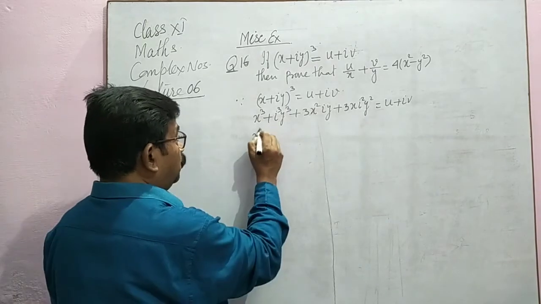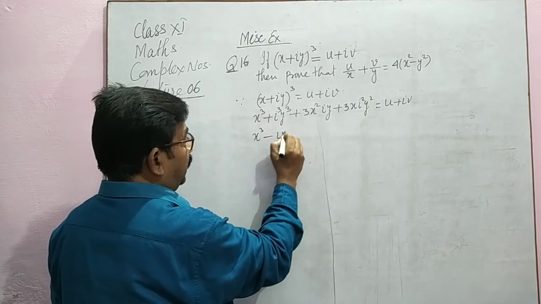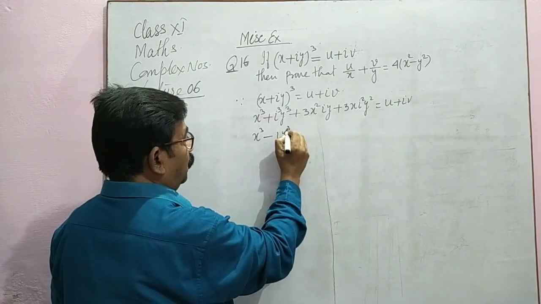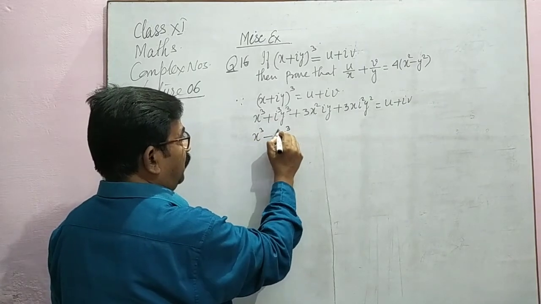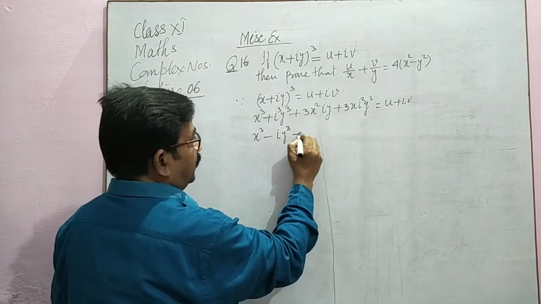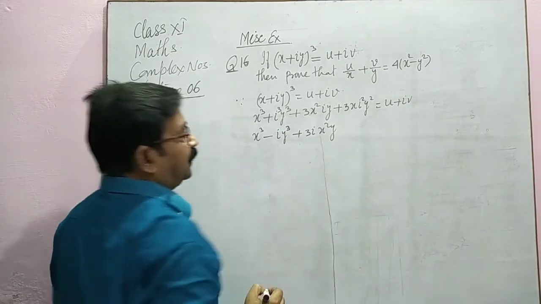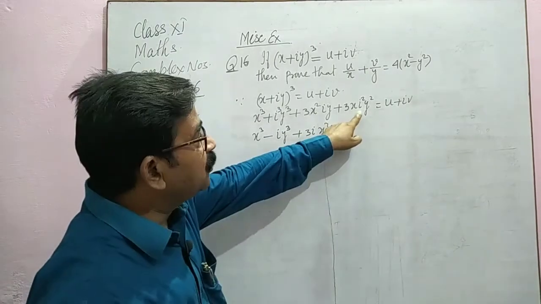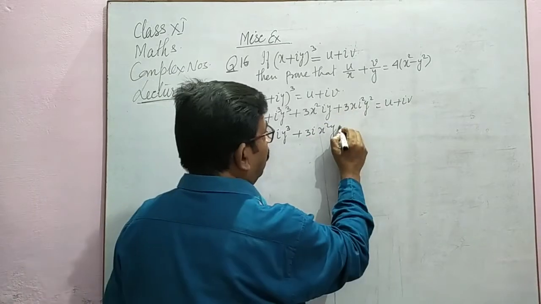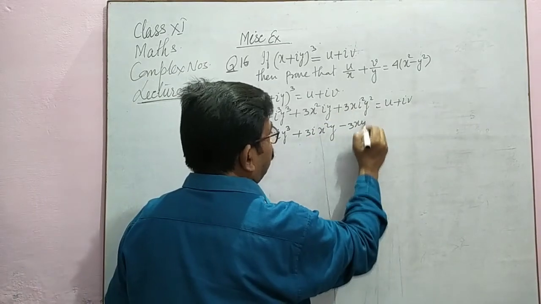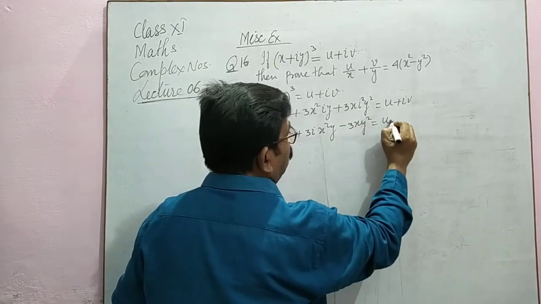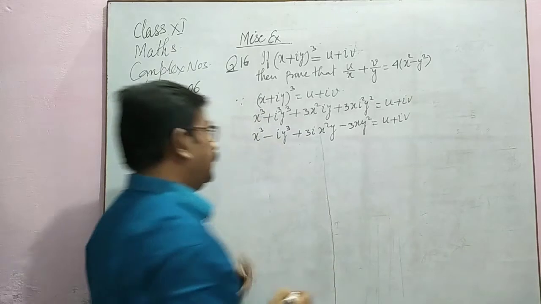So x³ − iy³ + 3ix²y, and here i² is −1, so we have −3xy² = u + iv.